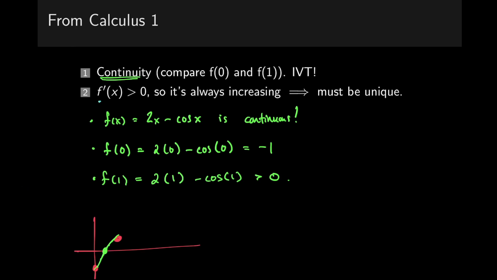Another good question. But we can use this fact that f prime of x, which is 2 plus sine x, is greater than 0 for all x in the reals, because what does sine do?